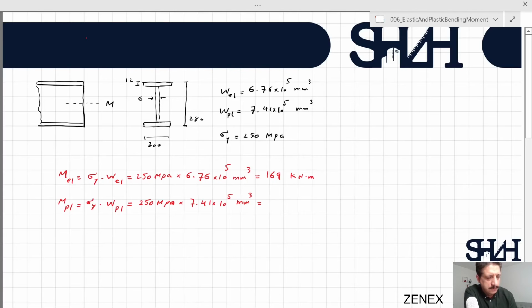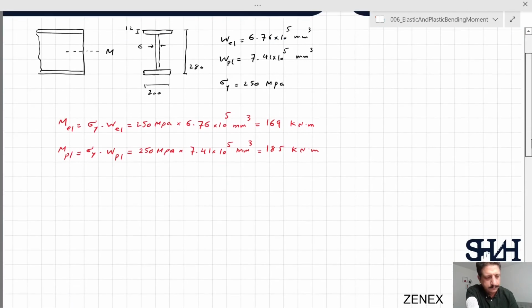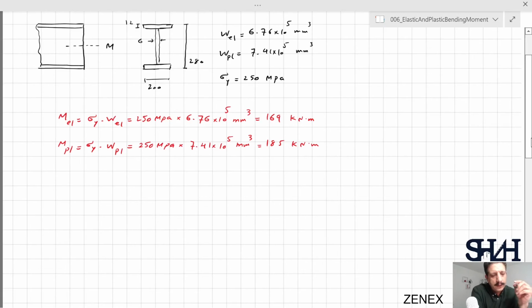So it's 185 kilonewton meter. It means that when the bending moment is less than 169 kilonewton meter, then the entire cross section will be in elastic phase. And if the moment is increased to 185, then the whole cross section will be plastic.